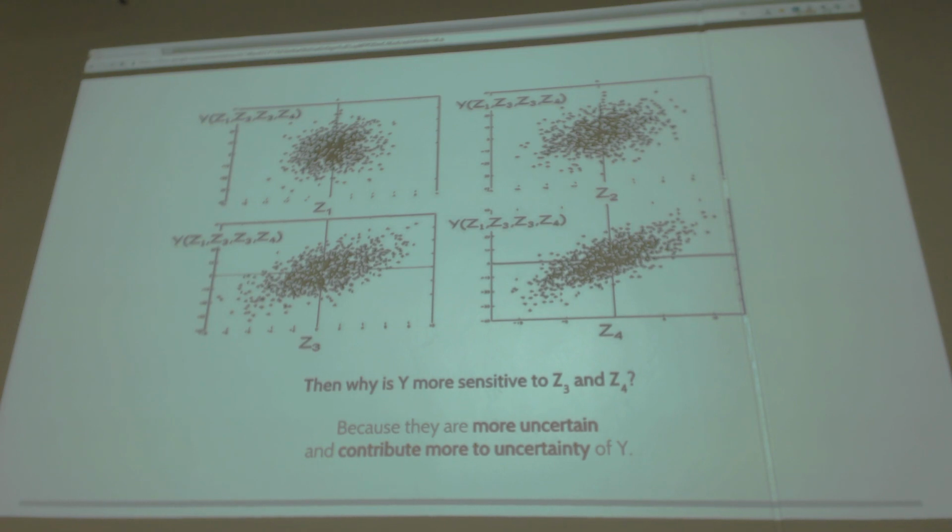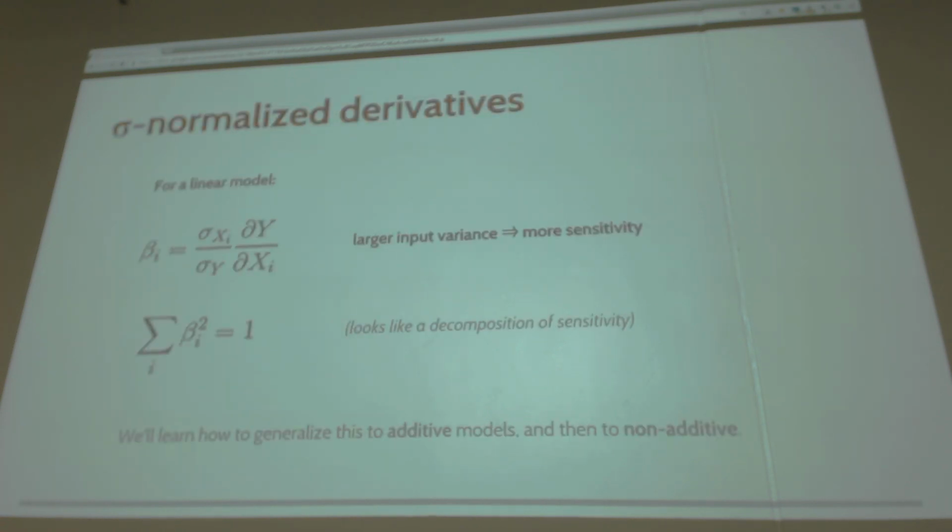Yes, there's a question. What if you normalize Z3 and Z4 before coming in there? So the question is, what if we normalize the uncertainty of that? Yes, that's exactly what we should do.